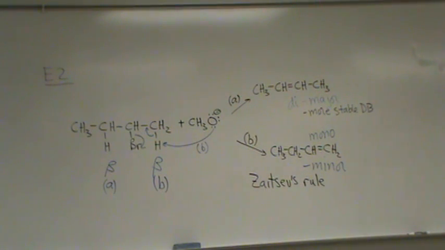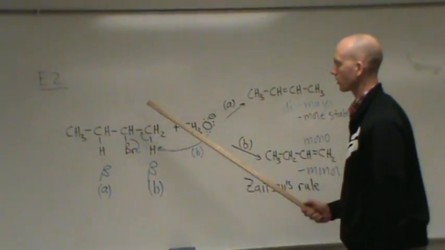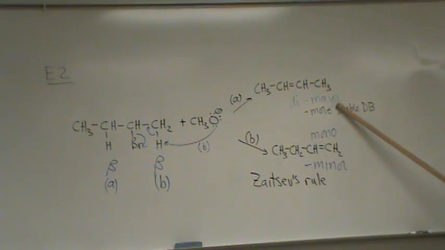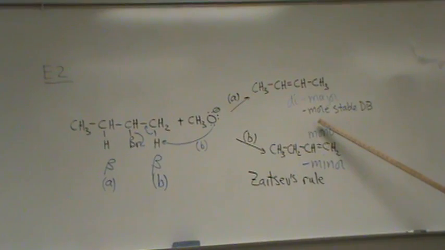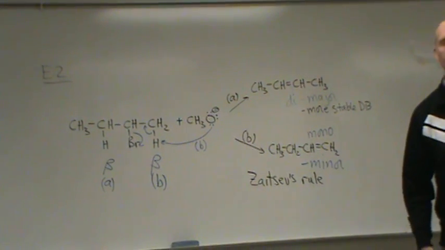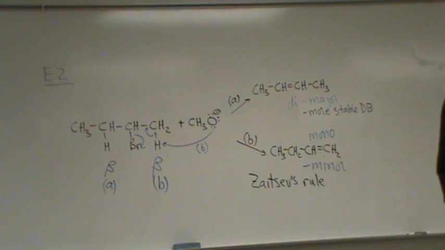Zaitsev's rule is that in an elimination reaction, the more substituted double bond is the major product because it's the more stable double bond. See, somebody didn't even write it down at all. All right, that's fine. It's your choice.